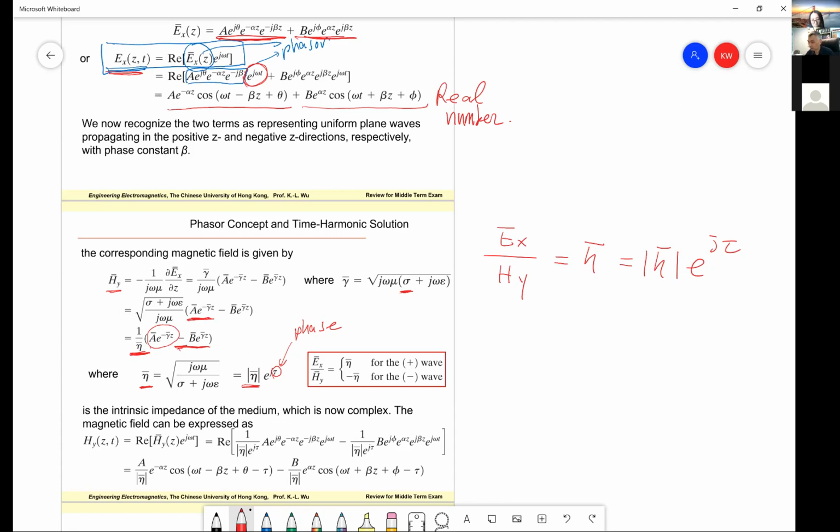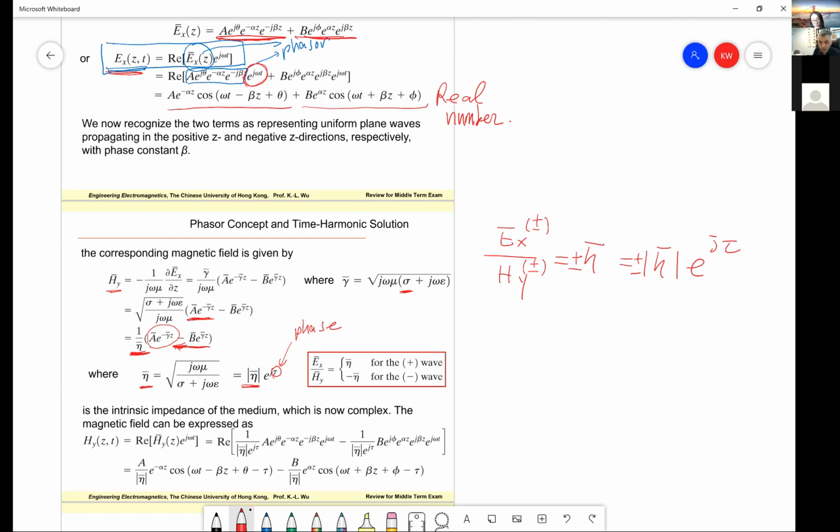This is a plus minus: plus for the wave in the positive z direction, minus for the negative z direction. So the ratio is different, plus and minus. In the reflected wave, we have to take the minus sign. So be careful, this is a complex number.